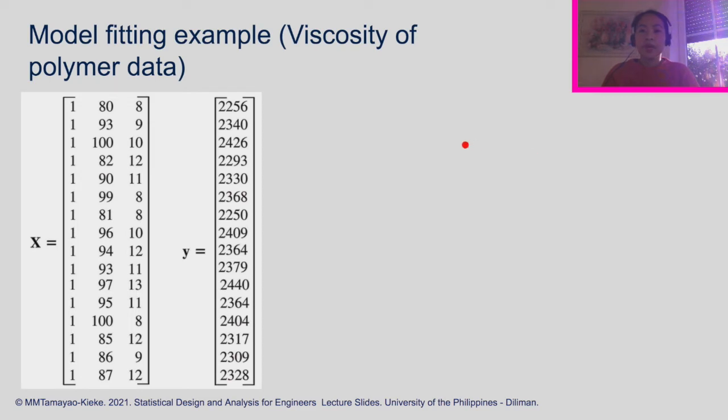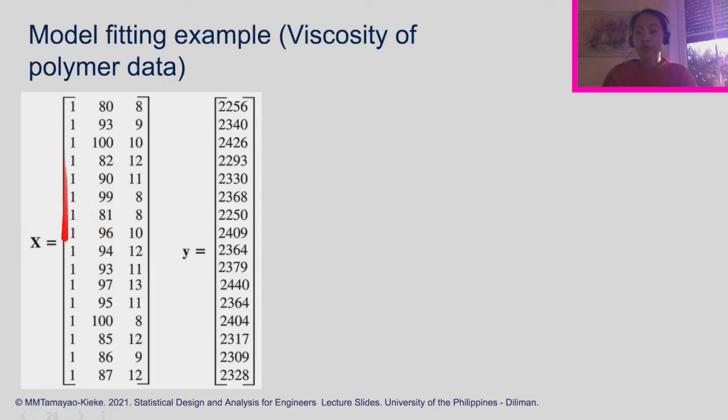Now we can express the given data in matrix form. Our X would be the levels of our regressor variables, and of course we have 1 in the first column, and then the levels of our regressor variables in the succeeding columns.